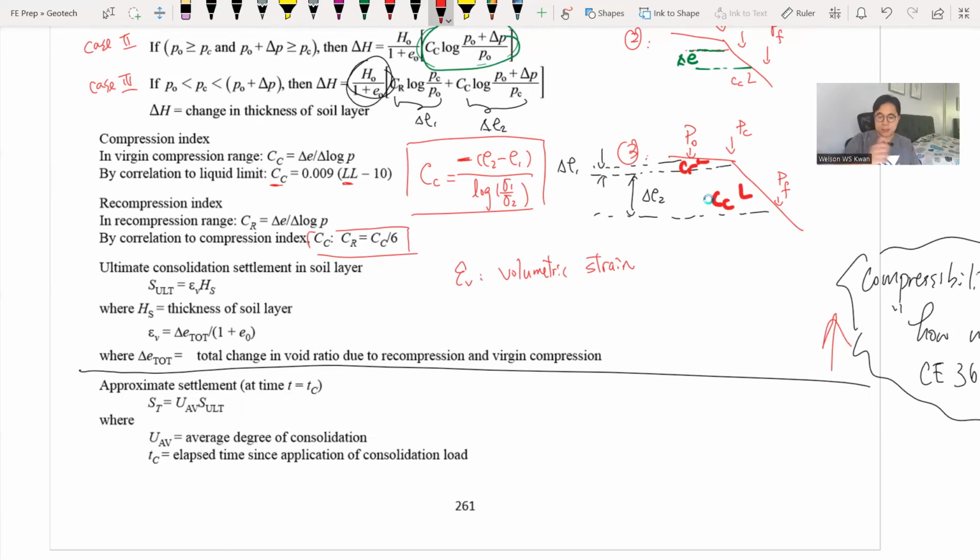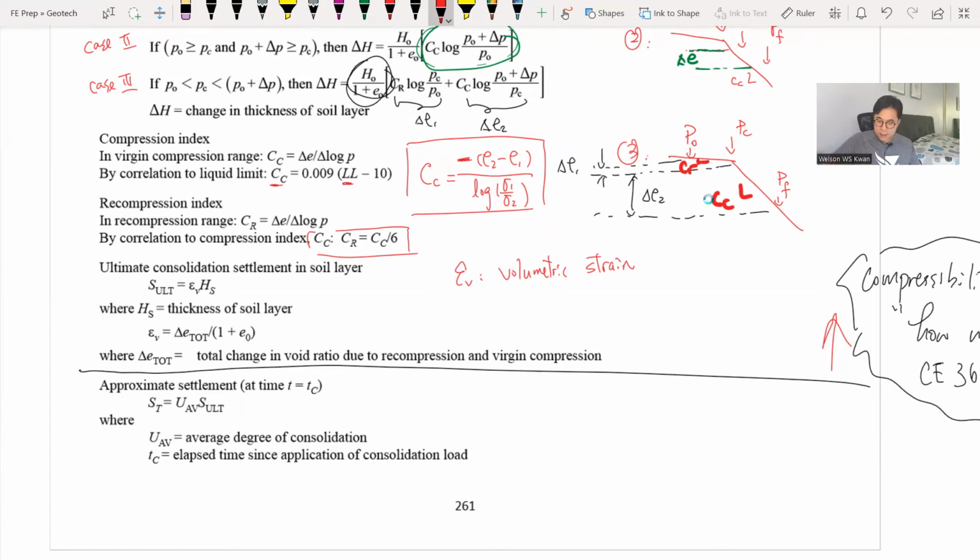So we assume all our volumetric strain only takes place vertically. It works in a way that the settlement is equal to the volumetric strain times the H of S, which is the thickness of the soil layer.